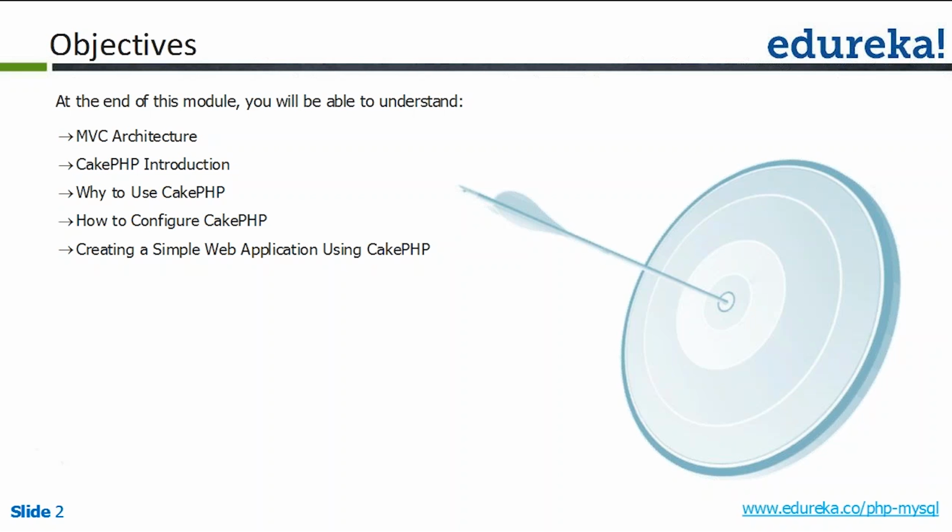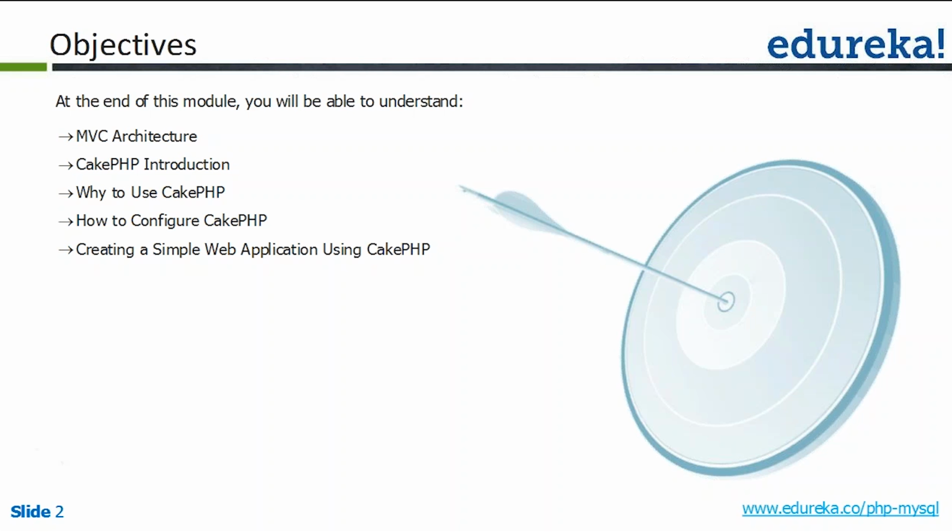Now, when there was no framework and we were doing PHP coding, what we realized is that the code became a mixture. In the same file we are writing PHP, in the same file we are writing HTML, and in the same file we are writing database queries. So that became a kind of hybrid mixture.